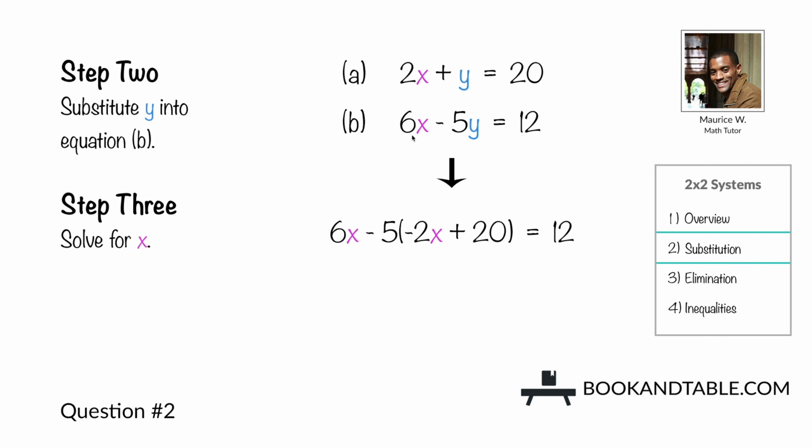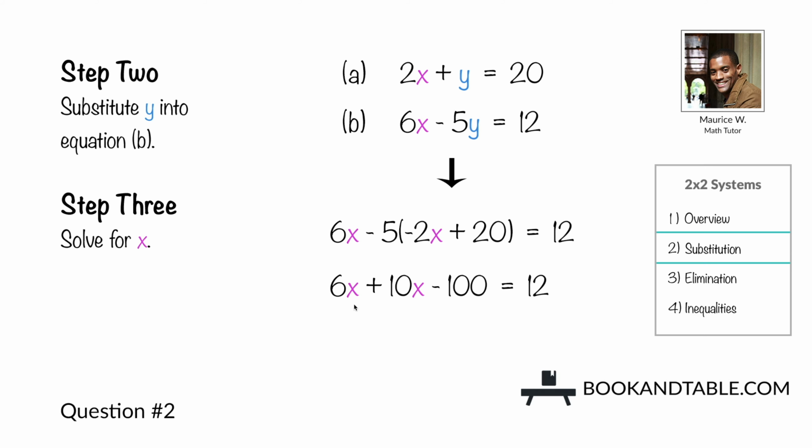When we do so, we get 6x minus 5y, which is minus 5 times negative 2x plus 20, is equal to 12. When we distribute the negative 5, we get negative 5 times negative 2x, which is positive 10x. Negative 5 times 20 is negative 100, and that's equal to 12.